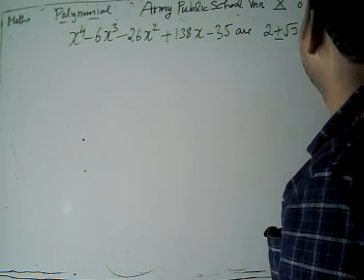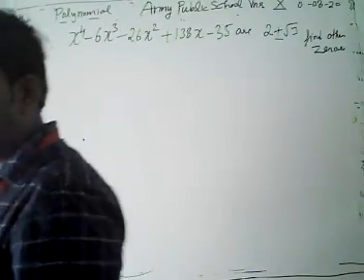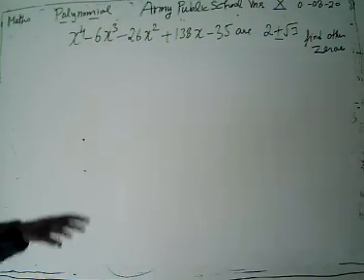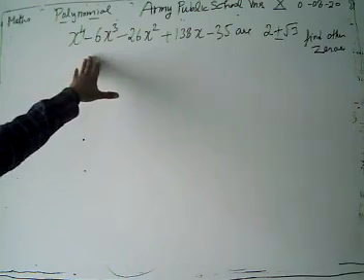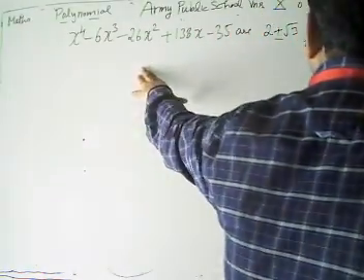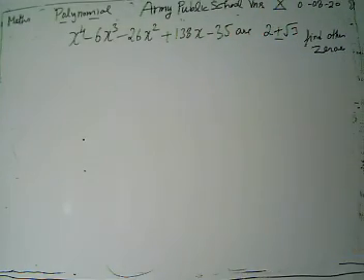Now look, we have the polynomial x to the power 4 minus 6x cube minus 26x square plus 138x minus 35, and its zeros are given.